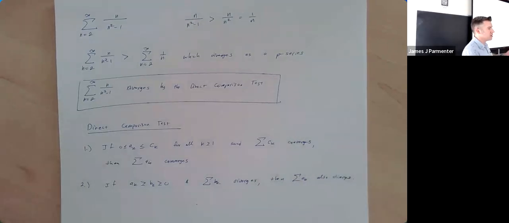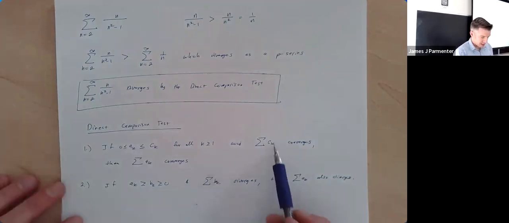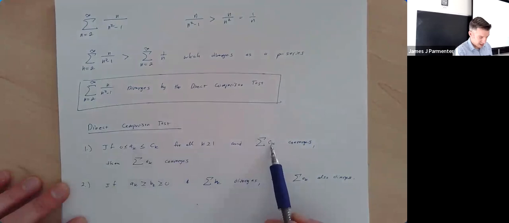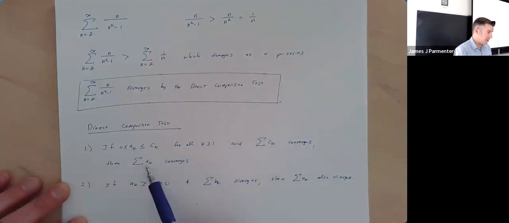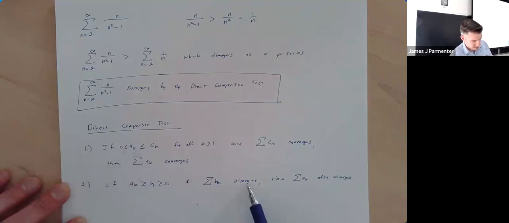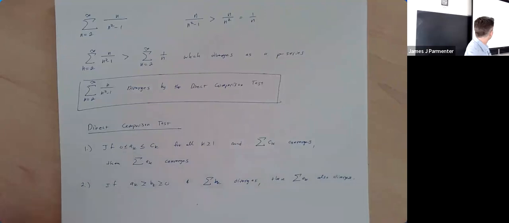A lot of times in the actual definition, they'll just say one of them's A sub k, one of them's B sub k, and they'll say if A sub k diverges and B sub k is bigger, it also diverges, and if B sub k converges and is bigger than A sub k, A sub k converges. But I feel like that's a little confusing, so I like to use two different ones. So here we're saying if C sub k is the convergent one, then A sub k being smaller than it also converges. And if B sub k is the divergent one, A sub k being bigger than that means A sub k diverges. No big deal.